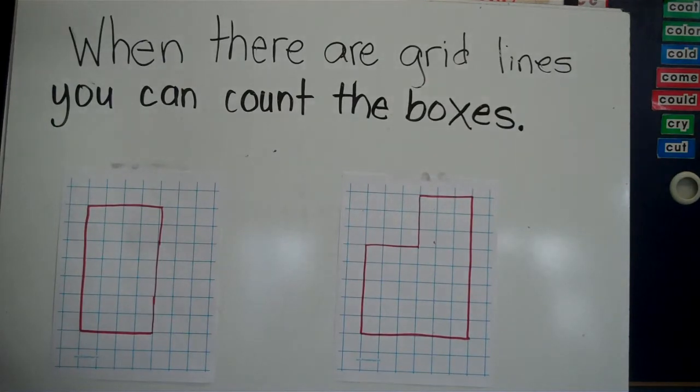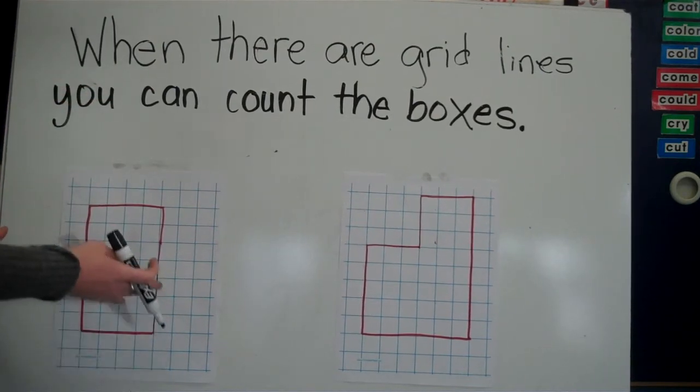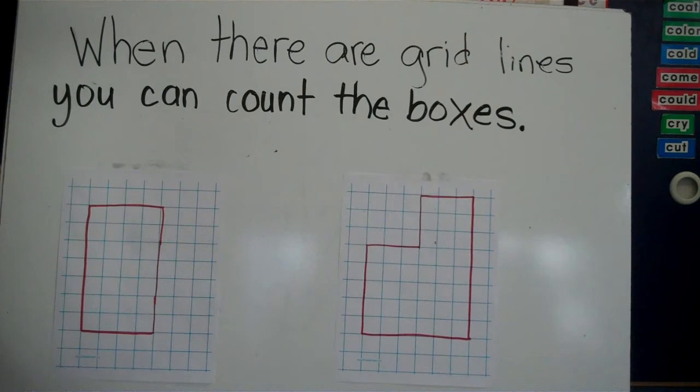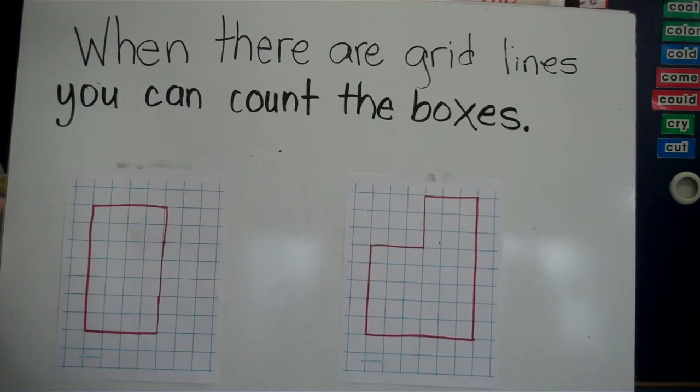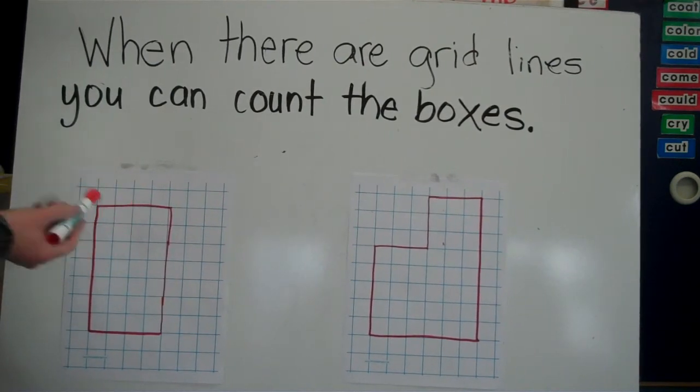So yesterday we had a tile, and we used that tile to trace, or we used our scrap paper. Today we actually have our shapes, and they have our grid lines already on them. And so to find the area, we can count up the boxes.